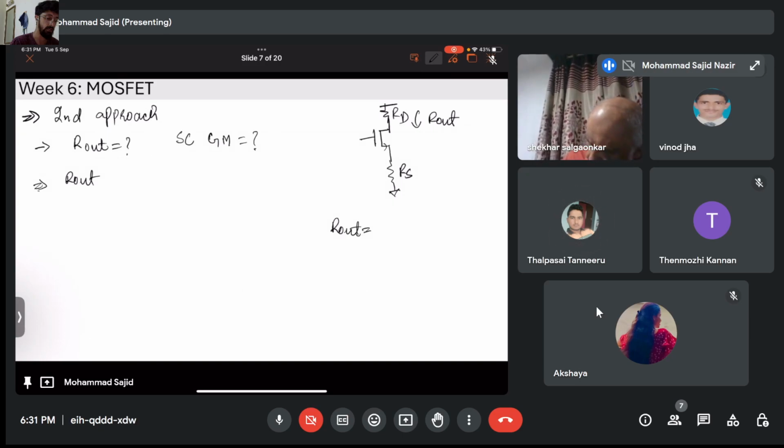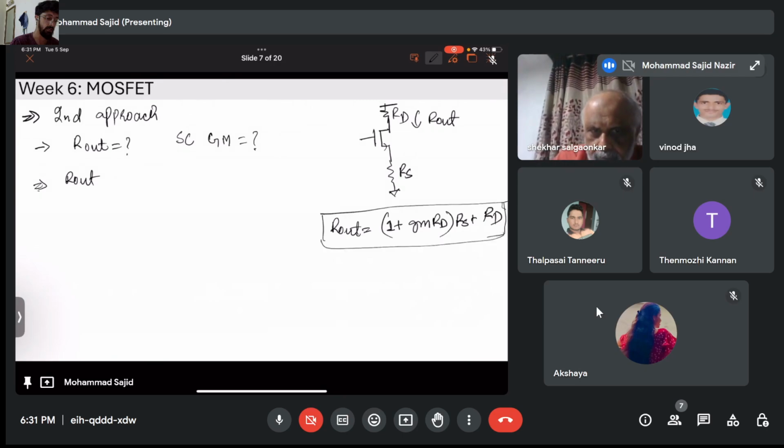So can you tell me what will be the R out? It should be 1 plus GM into RD, divided by, so I'm not getting exactly. Okay, let's quickly solve this. Let me just tell you, it is RS plus RD. It will be like this.